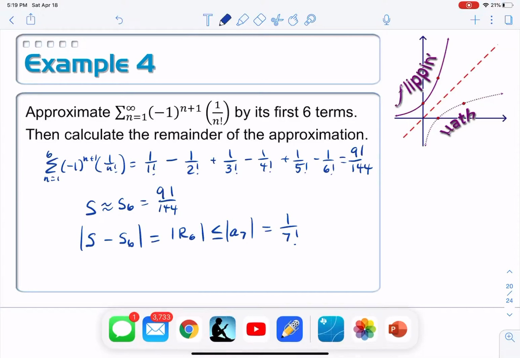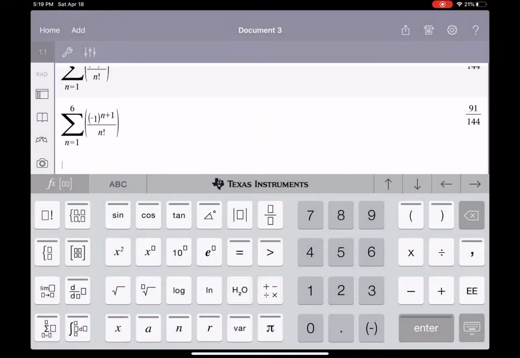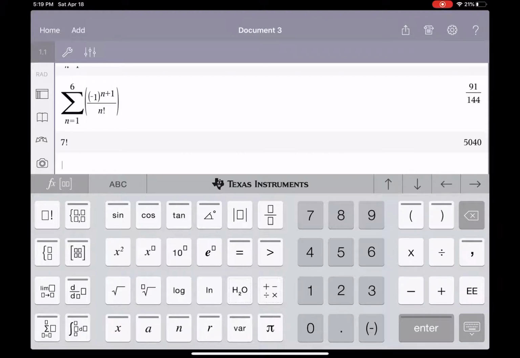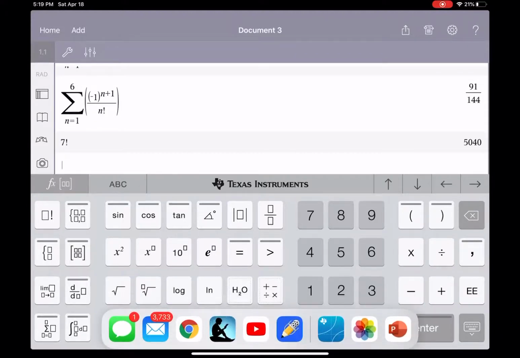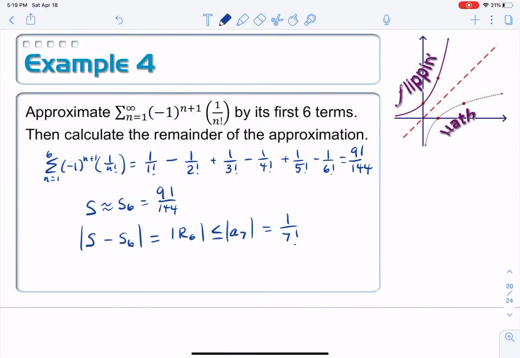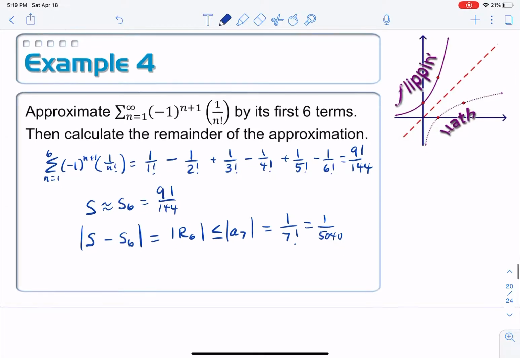What the heck is 7 factorial? Well, if you don't know that, the calculator will tell us, which is 5040, of course, which is equal to 1 over 5040. That's pretty small, right? That's tiny. That's how far off we could possibly be from the actual sum of our series.